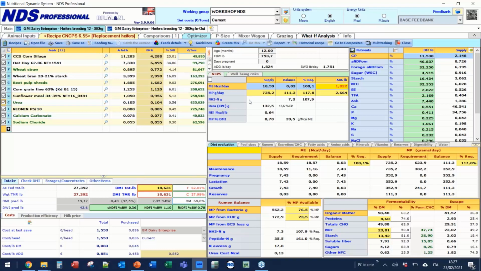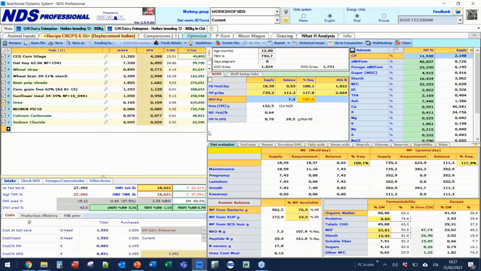We focus the attention on rumen ammonia, and we want to be sure that we are always in a positive balance for ammonia nitrogen. I mean, above 100%, better around 110, 115%.